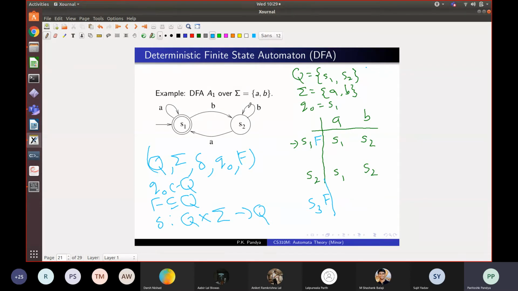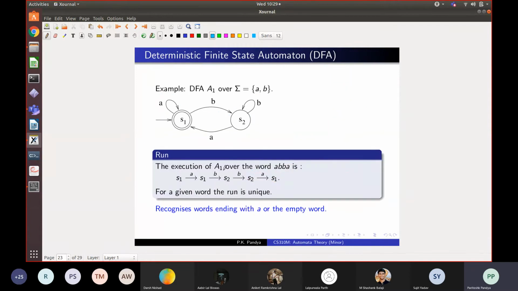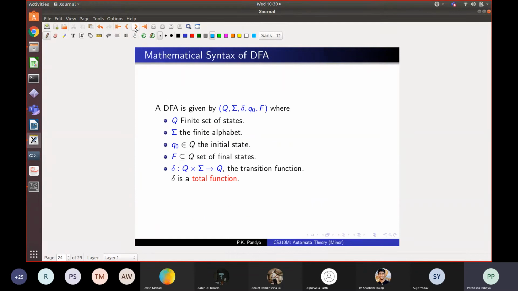We can give it in diagram form called transition diagram, or we can give it in table form called transition table. So there are these three representations. And the behavior of the automaton on a given word is given by constructing its execution or its run, and whether that run is accepting or not determines whether the word is accepted or not, right? This is the summary. And this is what is called the syntax of DFA, this 5 tuple.